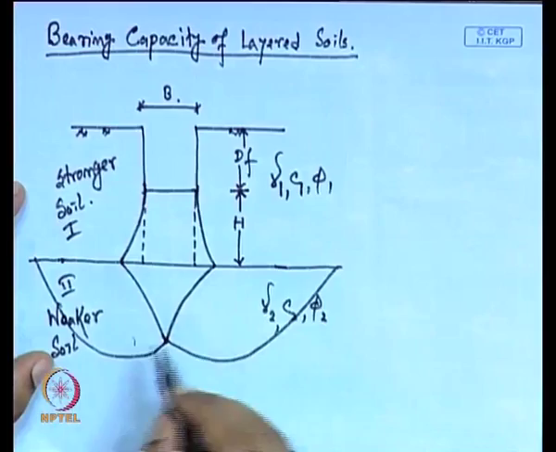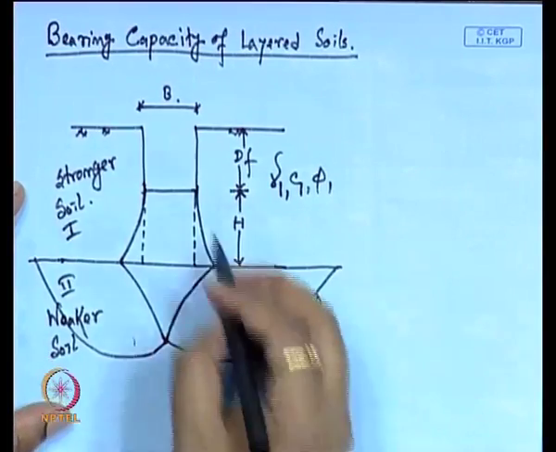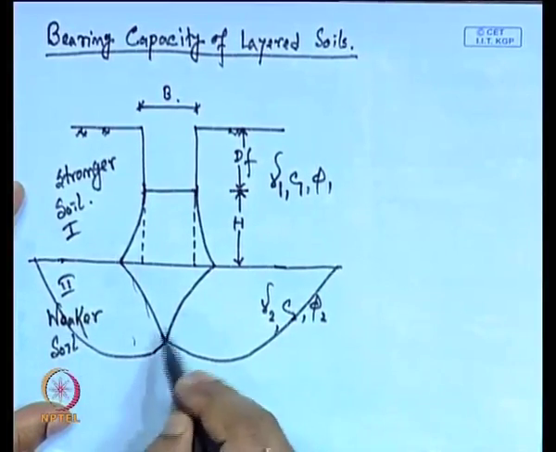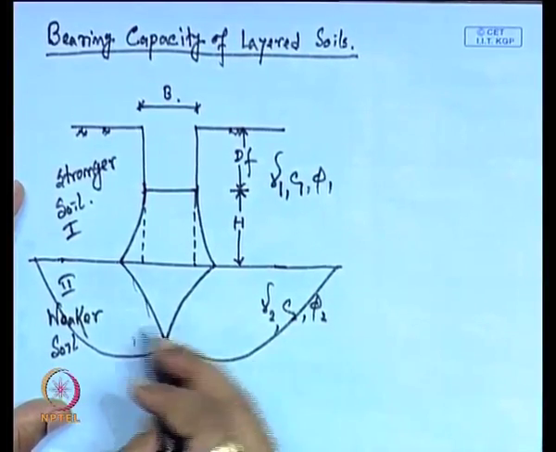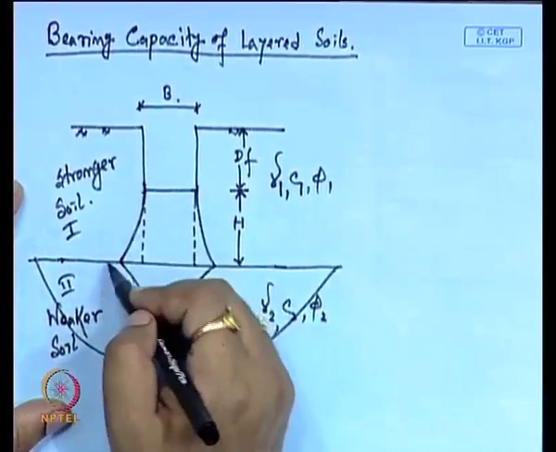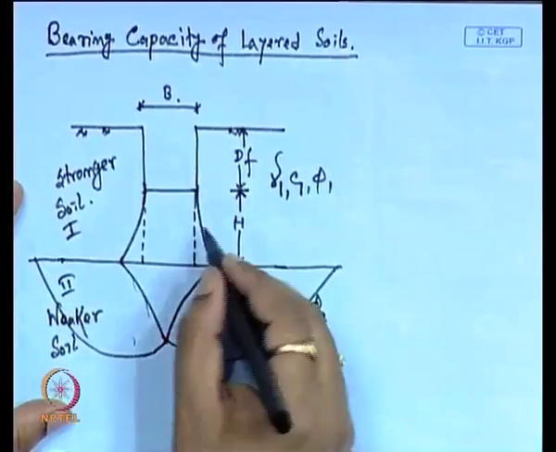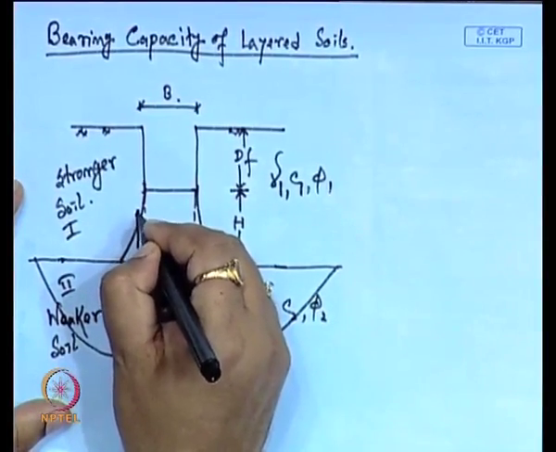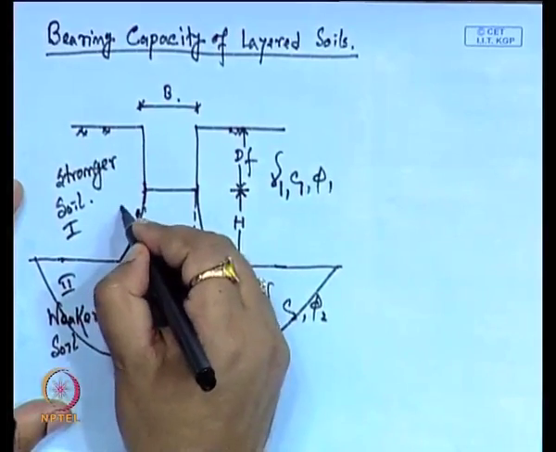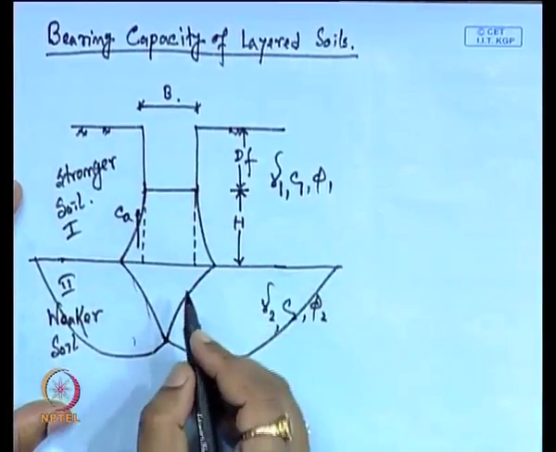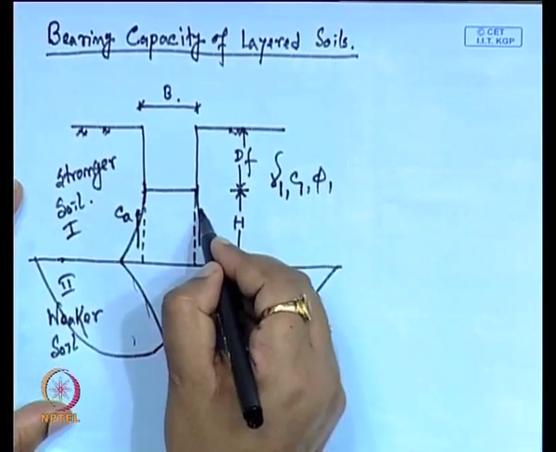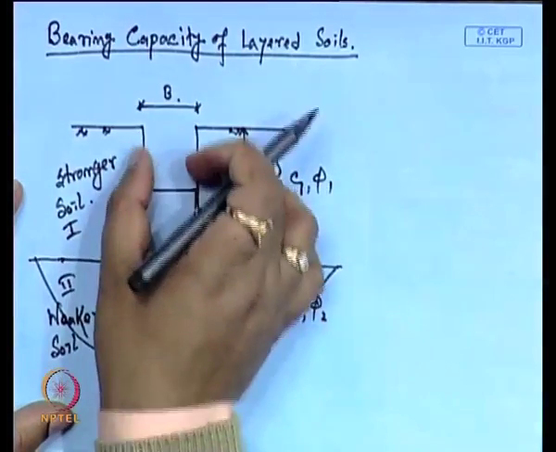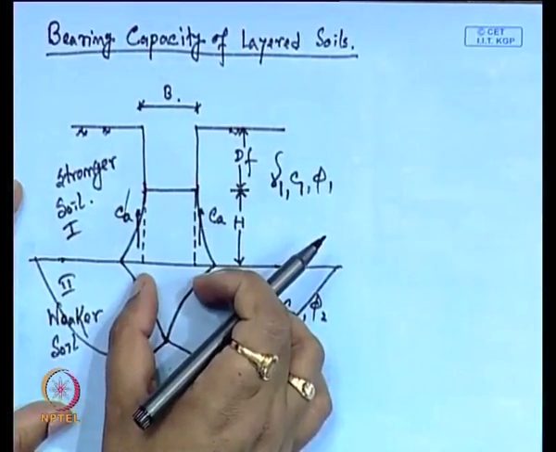what are the forces which are acting? Because here it is the general shear type of failure, we can calculate this as Q bottom, the bottom layer, and for this punching shear failure, what are the forces that are acting? First is the adhesion C A, which is acting on two sides of this layer, because suppose this is one block which is falling.